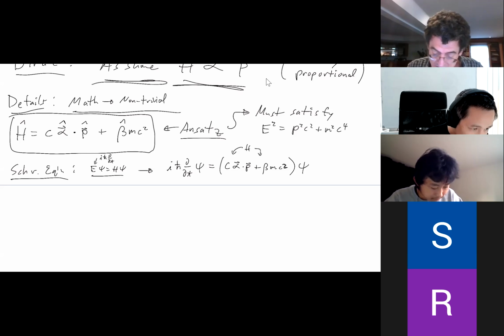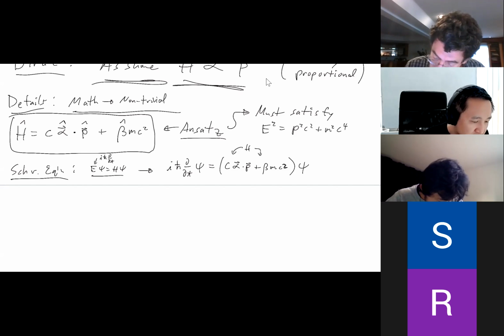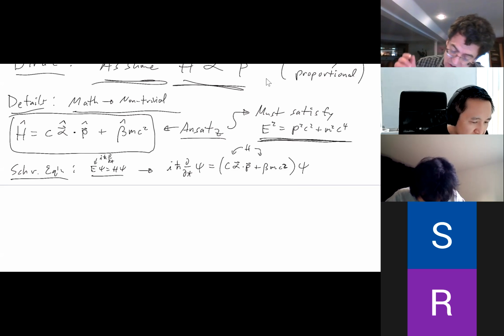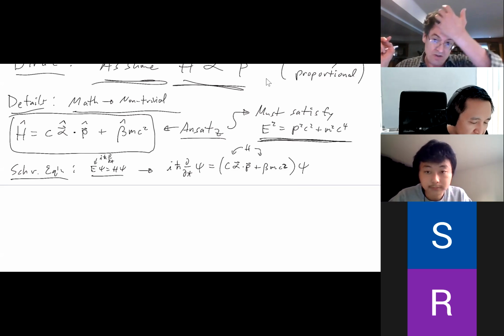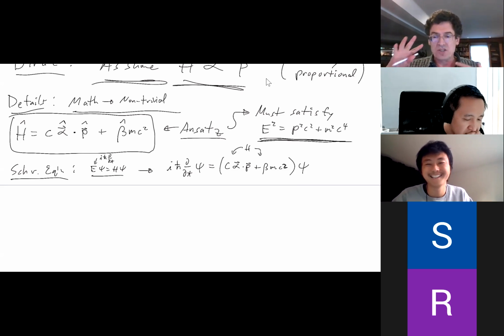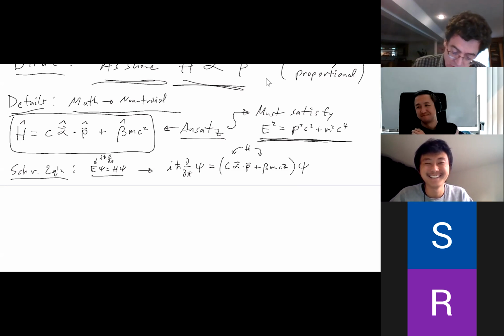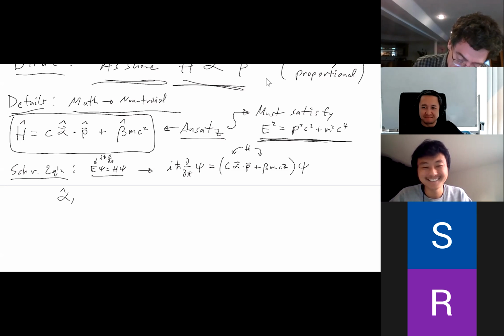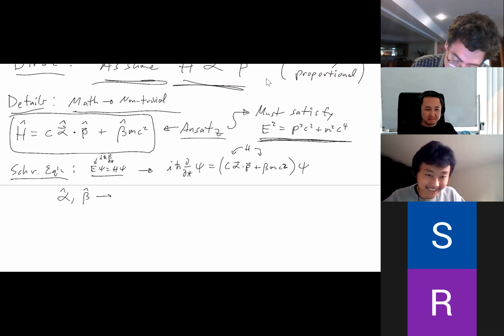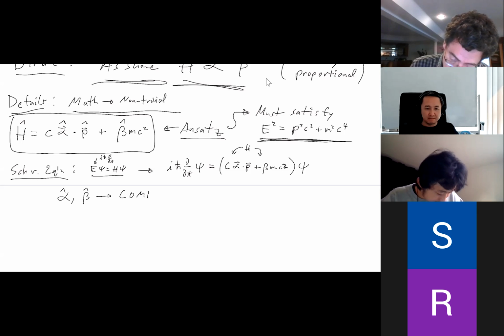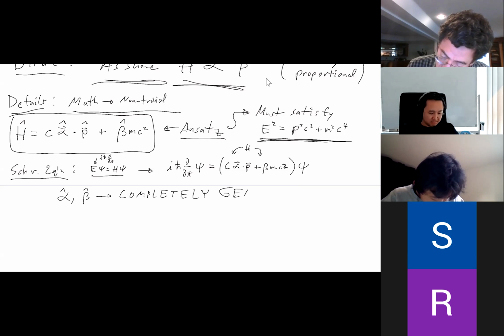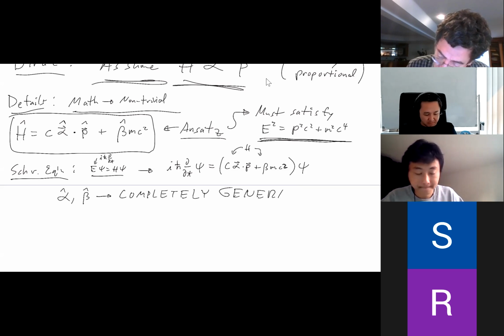But here's the thing about Dirac, and this is why Dirac is smarter than you or I. Dirac said, let's assume that alpha and beta are completely general. Meaning, he said to himself, let's make no assumptions about the form of alpha and beta.